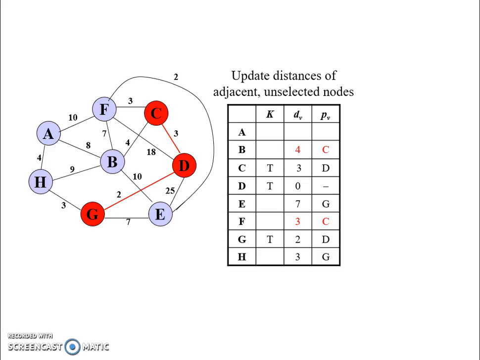And for B we previously have infinity, so we place the value 4. Now we once again include the node C in our spanning tree with an edge.